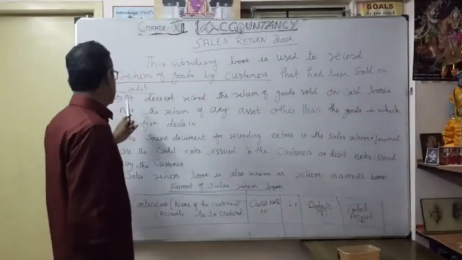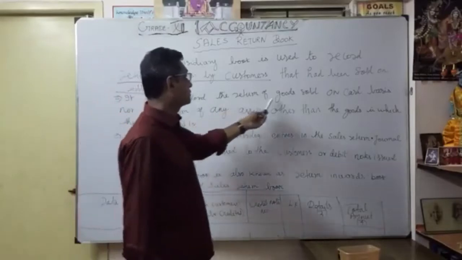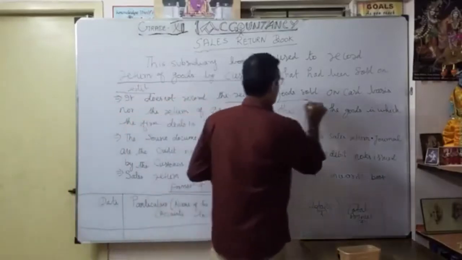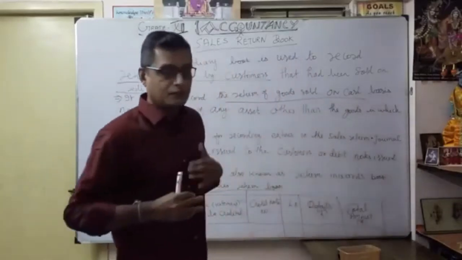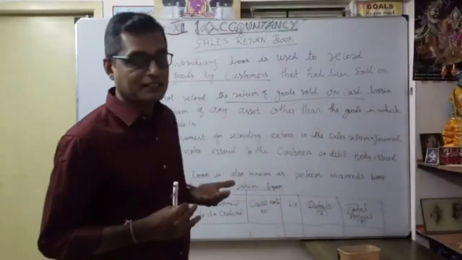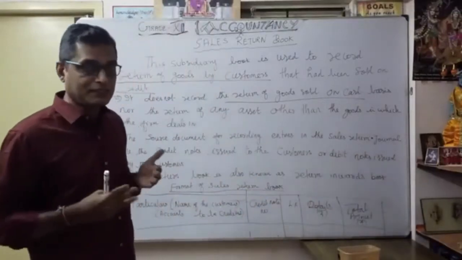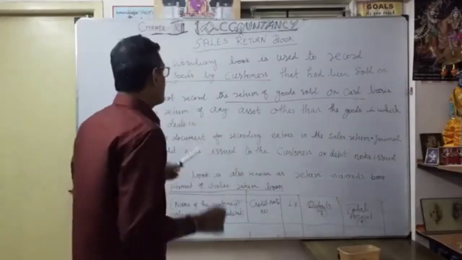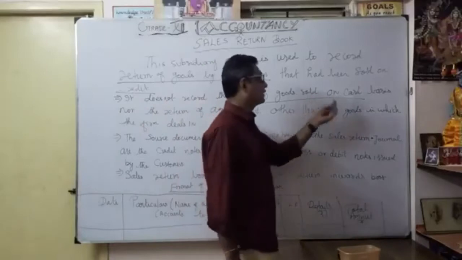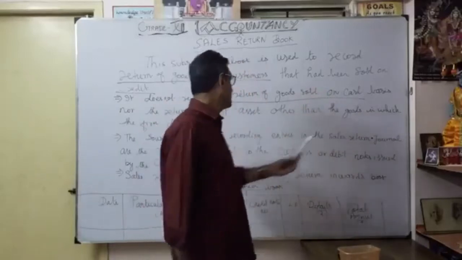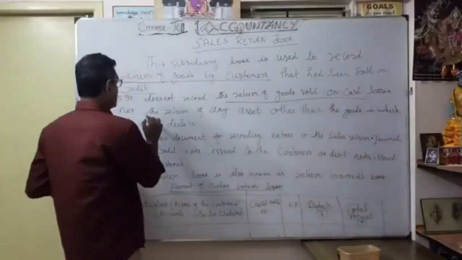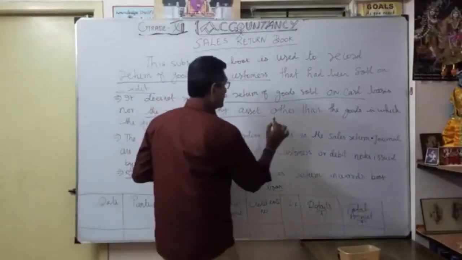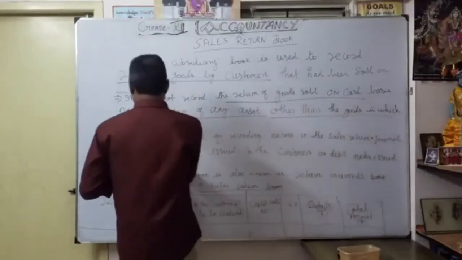It does not record the return of goods sold on cash. So we are dealing only with credit sales. We consider the return by the customer only for the credit sales you made earlier. So there is no question of return of goods sold on cash here. It is also not the return of any assets other than goods in which the firm deals in.